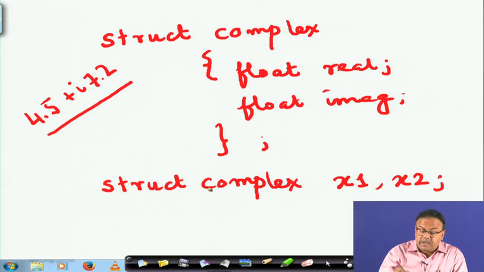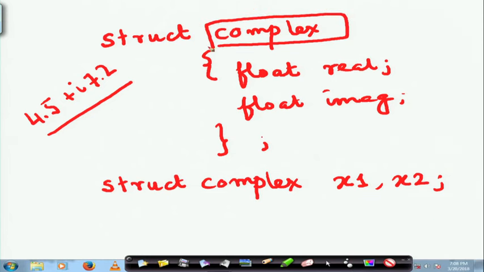That I have first defined the structure called complex, which will have these two components, and then I define that x1 and x2 are two variables of type this complex, or I could have written it also.